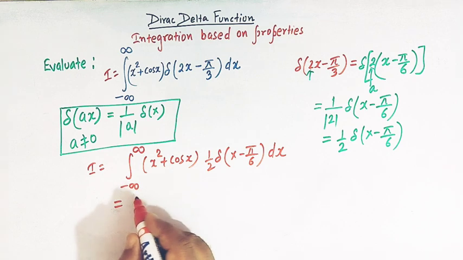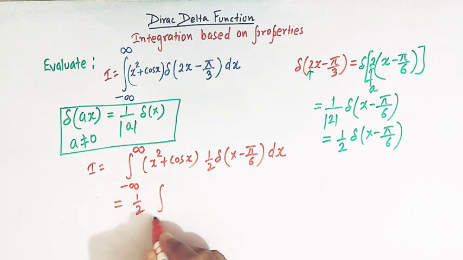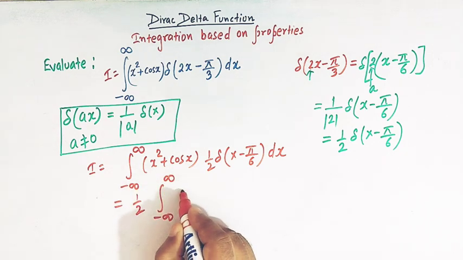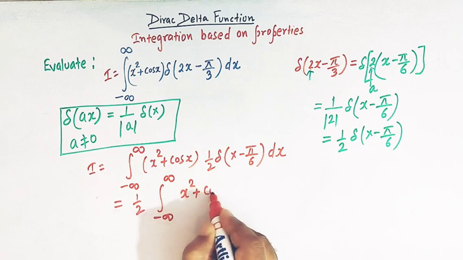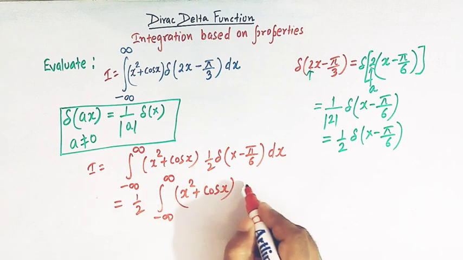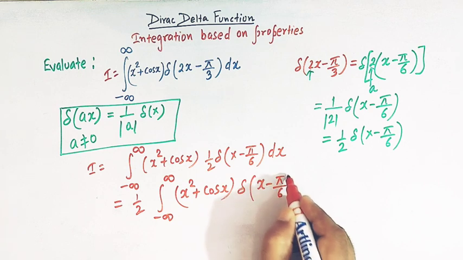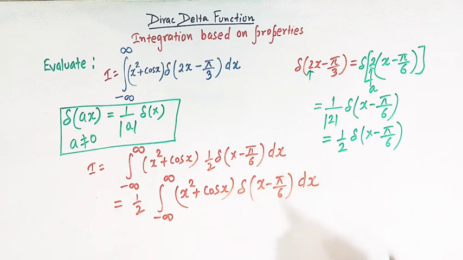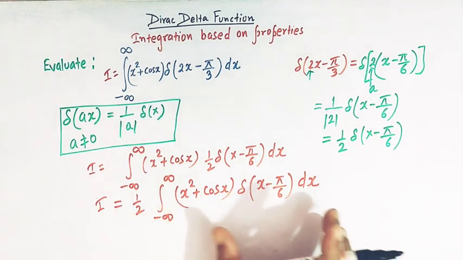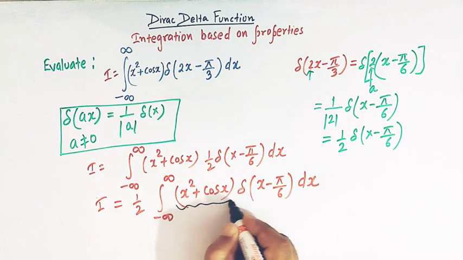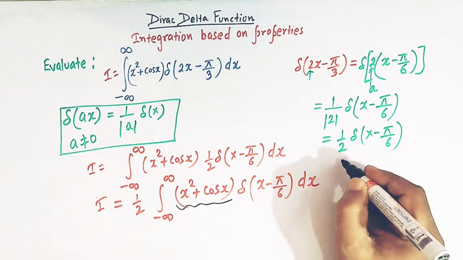Now we can take the half outside the integral. So we have half times the integral from minus infinity to infinity of (x squared plus cos x) delta of (x minus pi by 6) dx.